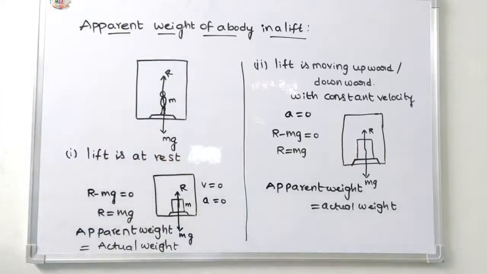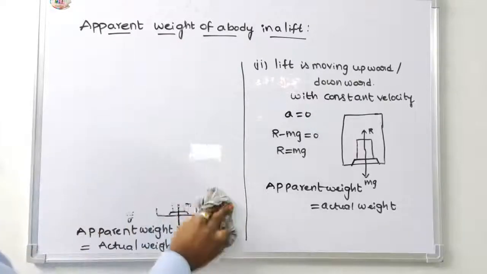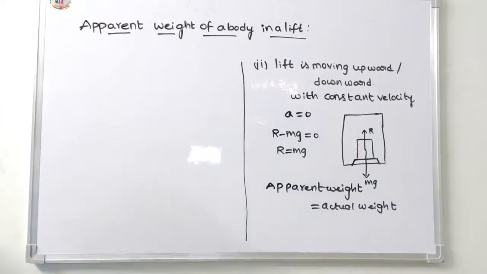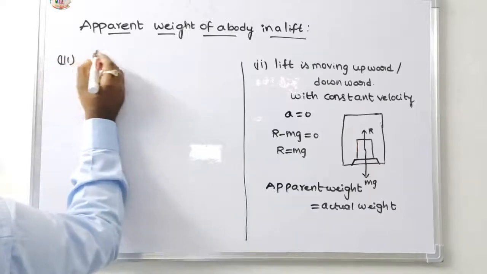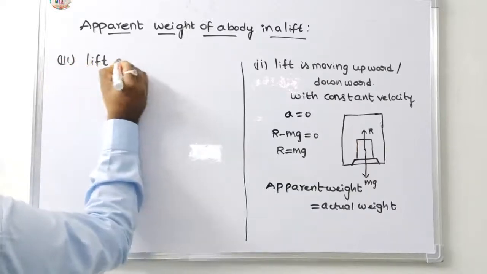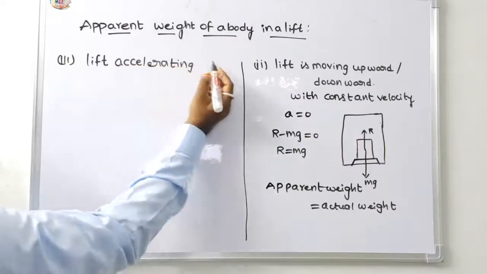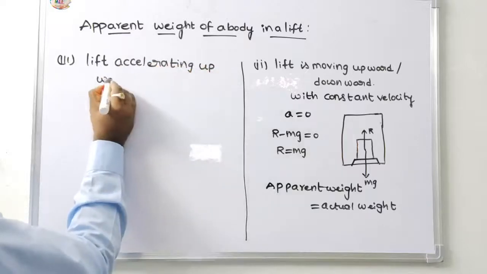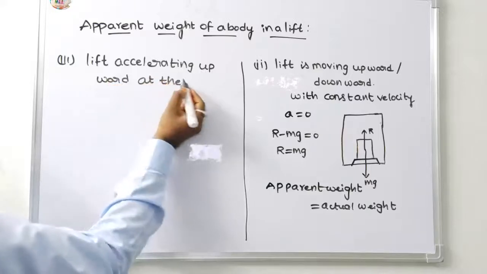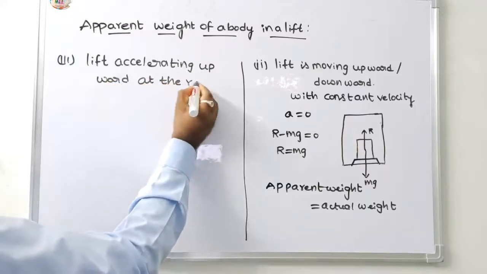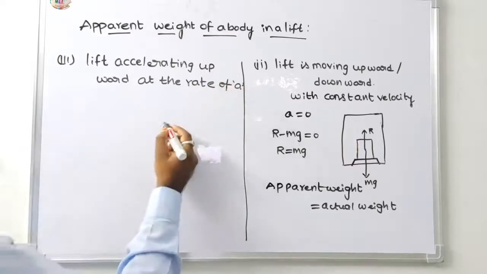Okay, next, the third condition: the lift is moving upward with constant acceleration a. The lift is accelerating upward at the rate of a.